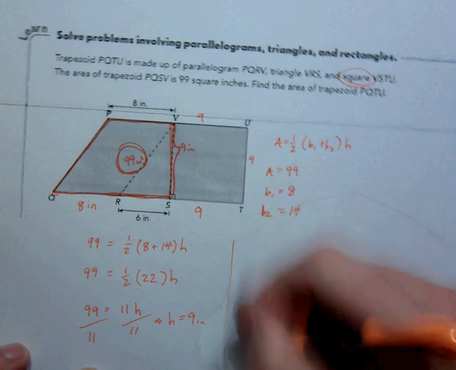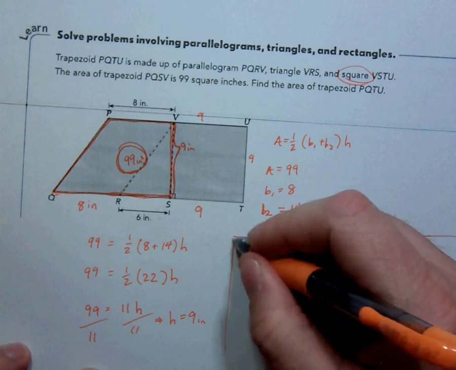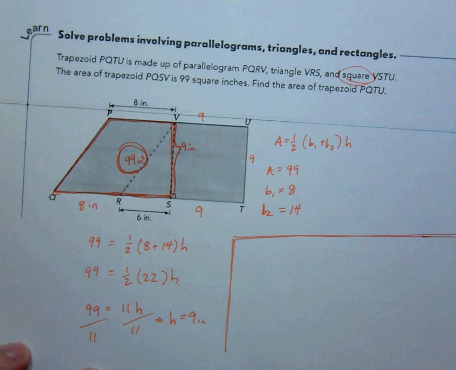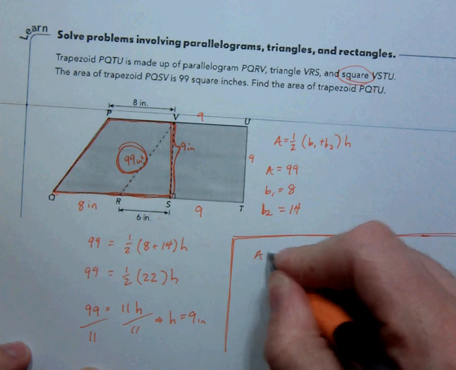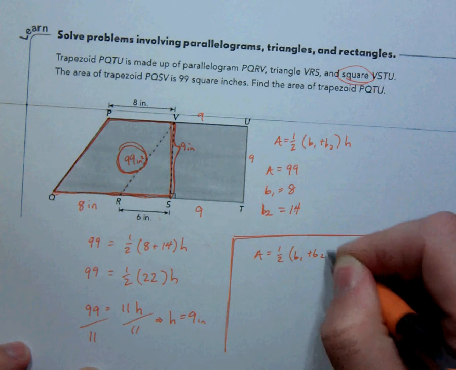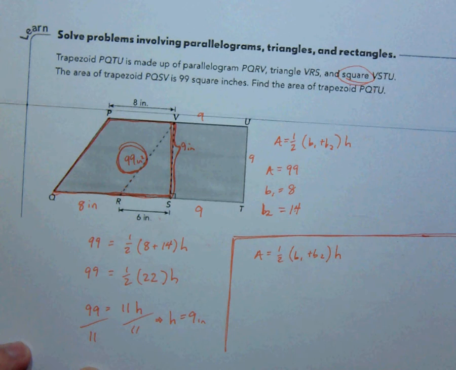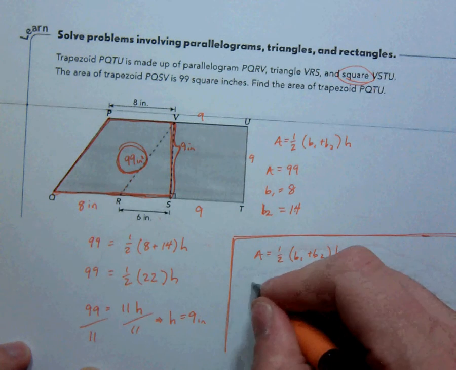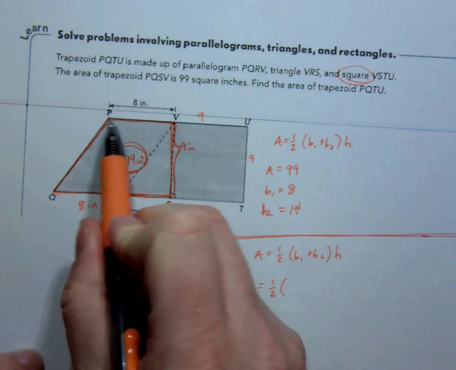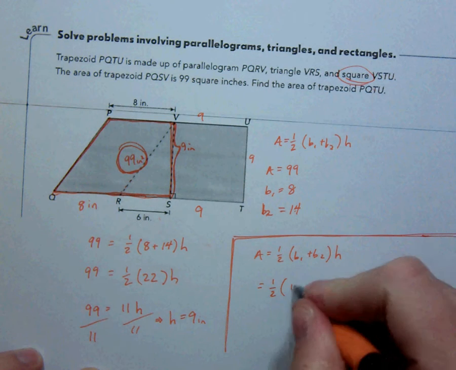So I'm going to show you two different ways to solve for this area. The first way is the trapezoid. You can say the area is equal to 1/2 base 1 plus base 2 times the height. Base 1 is the whole top, 8 plus 9, that's 17.